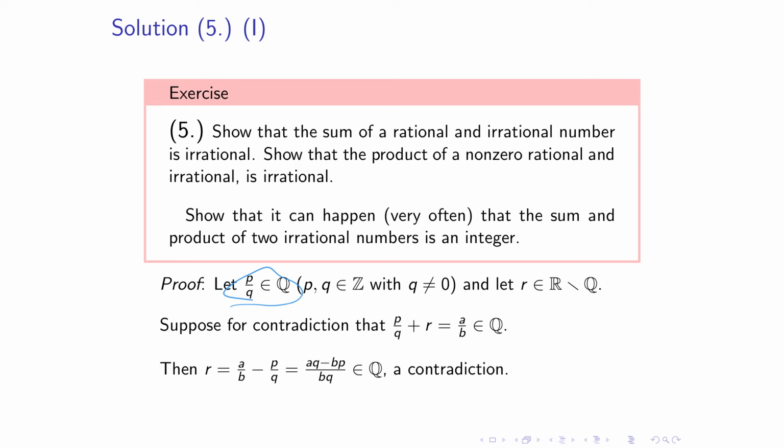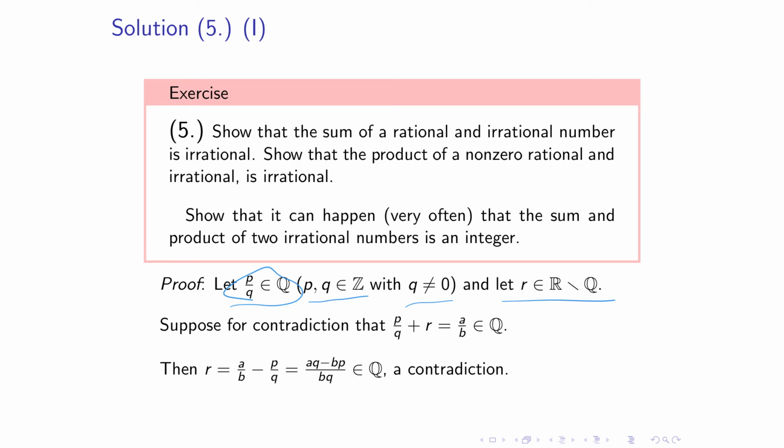What I mean when I say that, and I'll just throw that out without more explanation because it's kind of obvious, is that p and q will be integers and q is non-zero, and that's the rational number that we're talking about. We will also take a value r in the set of real numbers but not rational numbers, so that's the set of irrational numbers. I think that's fairly clear.